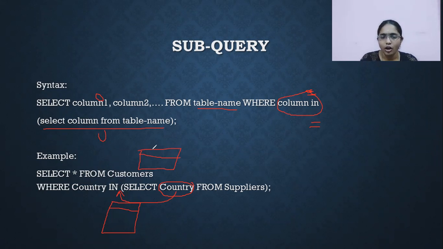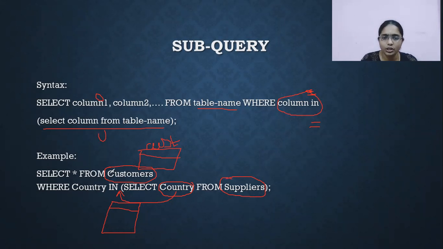Is it clear? All information of a customer whose country is matching with the supplier's country will be fetched. Clear with it? You can notice how many tables we are fetching data from? We are fetching data from two different tables. Based on the supplier table, the information of the customer table has been fetched.